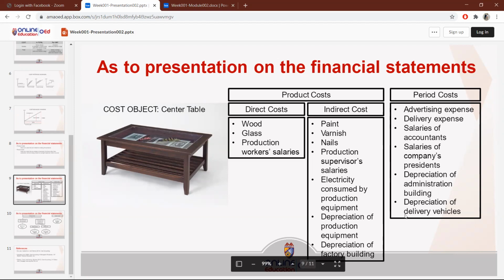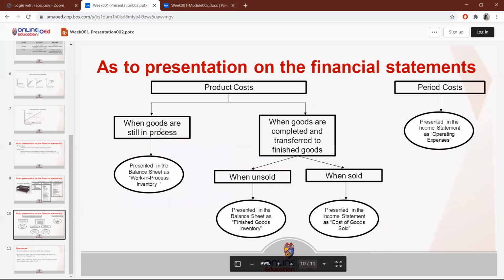Whereas the period costs are costs incurred outside of the production facility. That's easier to understand: outside of the production facility. Okay. Product cost, when goods are still in process, is presented in the balance sheet as work in process inventory.